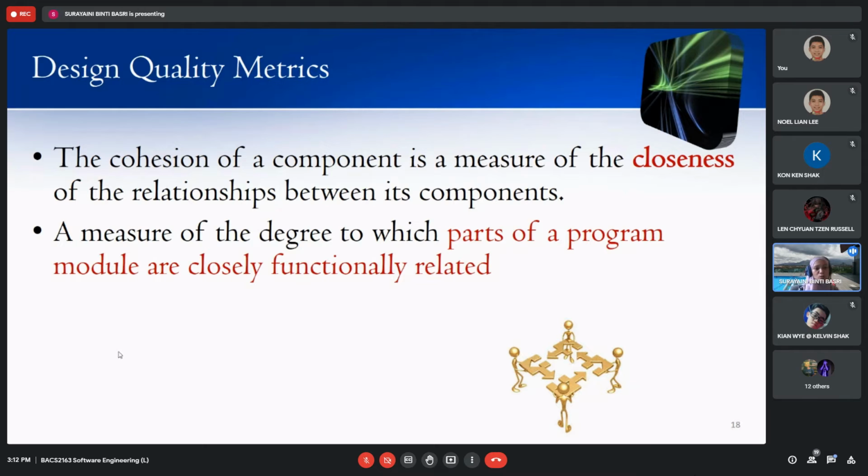Because we have another subsystem which is report, you don't need to put it here. Maybe you also want to include the student report or course registration report inside the course registration module, but it is actually not really relevant because you already have one subsystem just to handle the reporting.